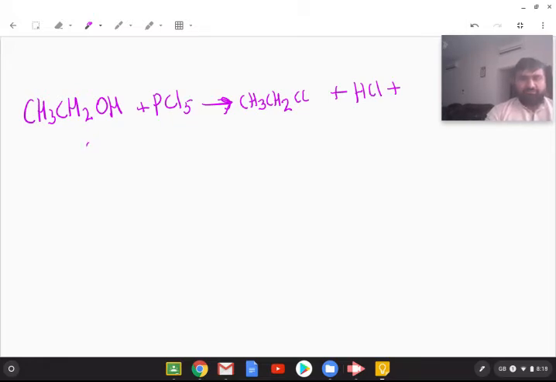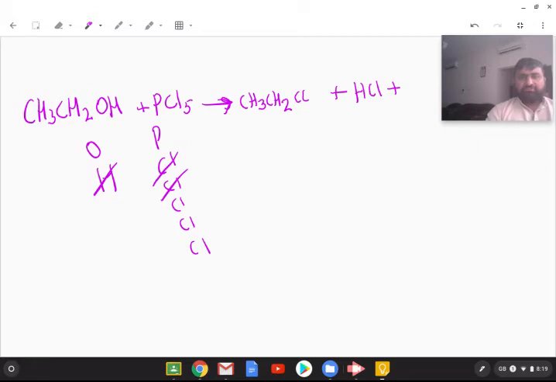How? We have one O and one H, we had one P, and we had 5 Cl. I'm writing down all 5 Cl here. In this one, OH is replaced by Cl. Cl is used up. HCl is produced. So H and Cl are also gone.